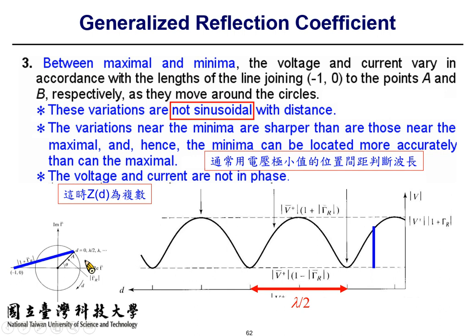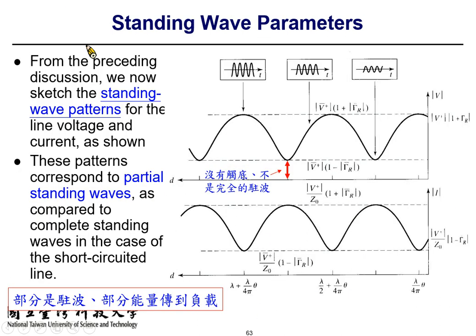And in this case, which is more general, because the reflection coefficient is some number between 0 and 1, this is referred to as partial standing wave, not complete standing wave. As long as the voltage minimum is not 0, this is referred to as the partial standing wave.